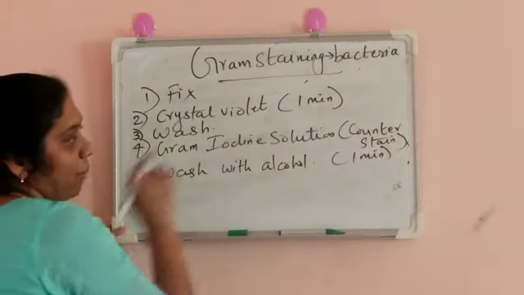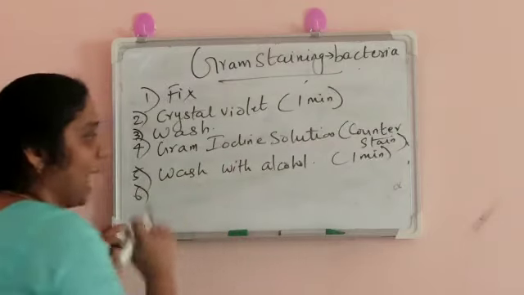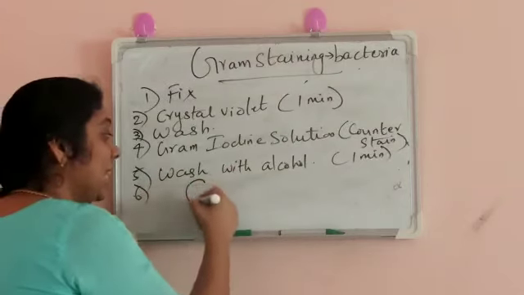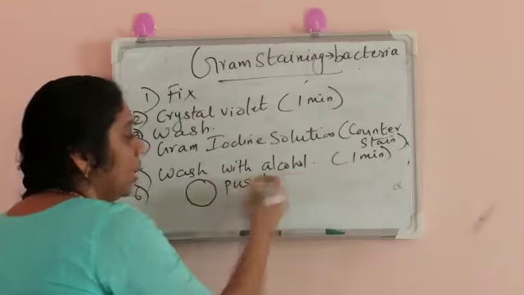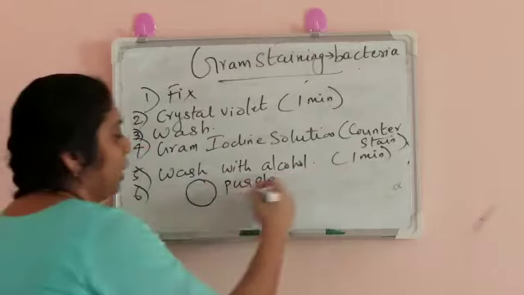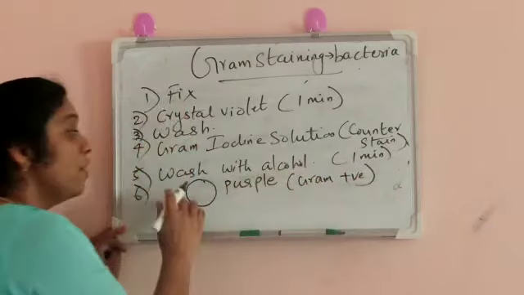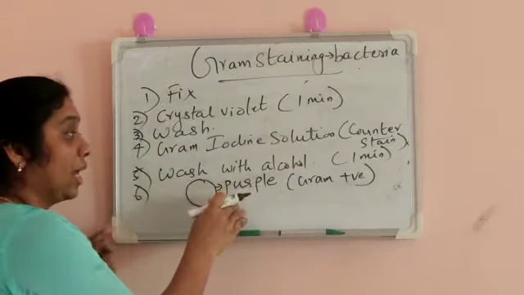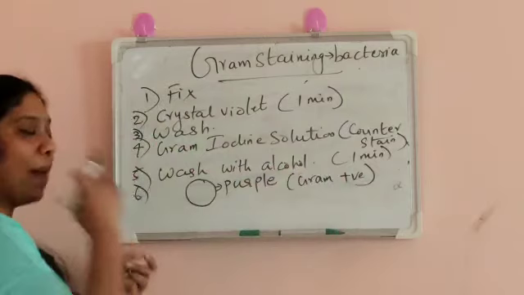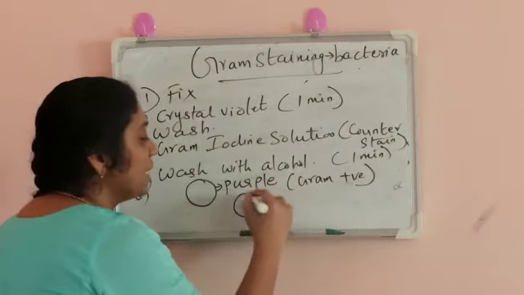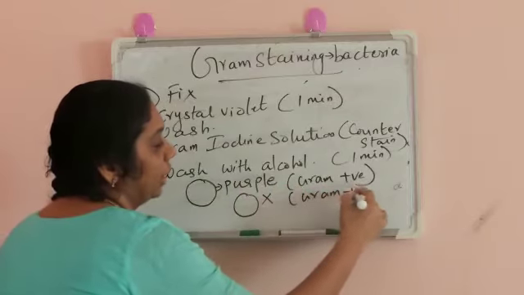After putting gram iodine solution, it will be purple in color. Then wash it with alcohol. The bacteria which retain the purple color after washing with alcohol are gram positive bacteria. The bacteria which do not retain the purple color are gram negative bacteria.